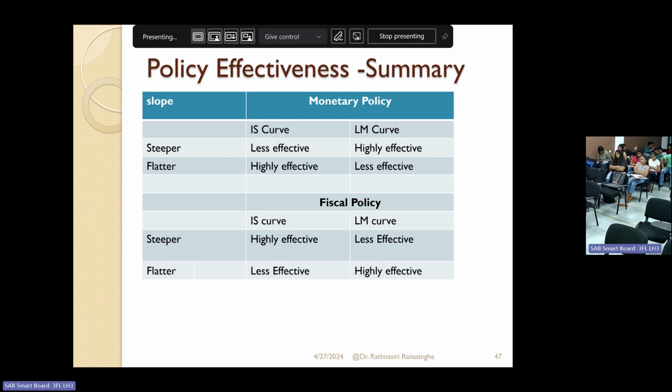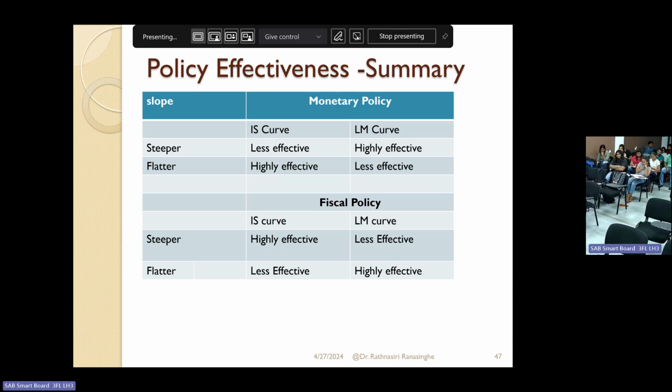Which one is more effective? You can see the impact. Which one will get the greater impact on income, C2 low or C2 high?